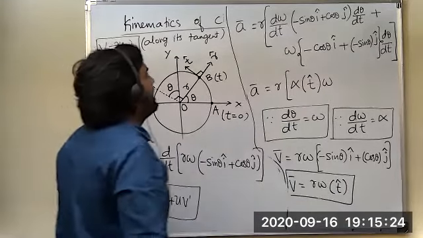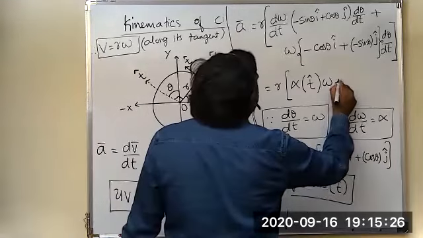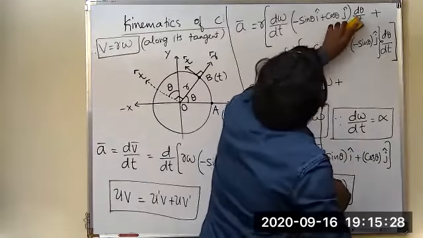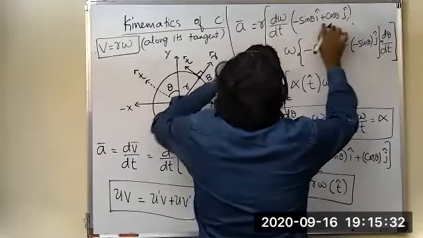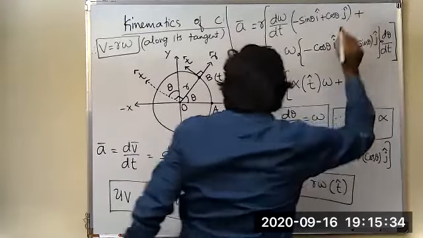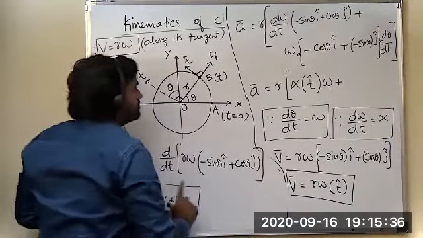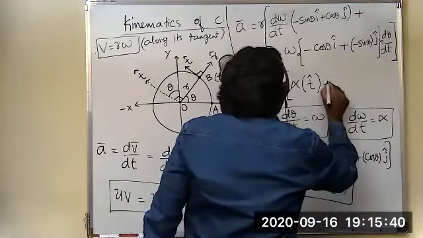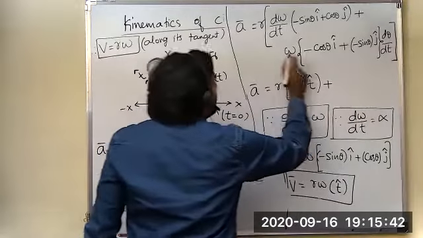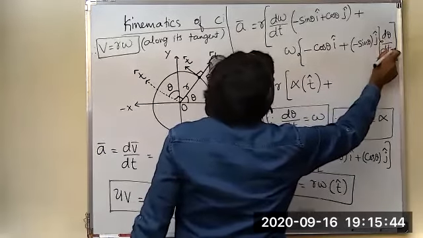Next, plus, here we are differentiating only this term, this we are not differentiating. So u dash v, here you can't get omega; u dash v plus uv dash, where omega will be there, and d theta by dt is again omega.